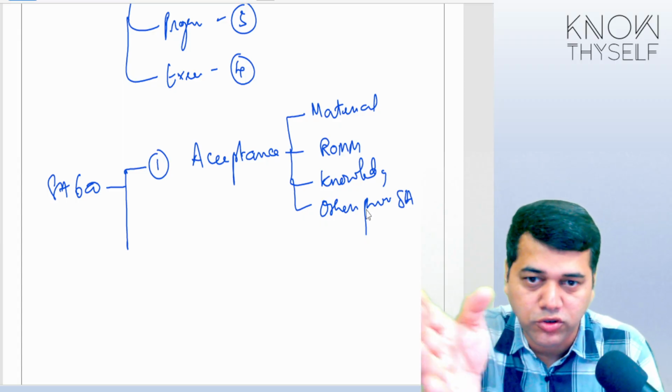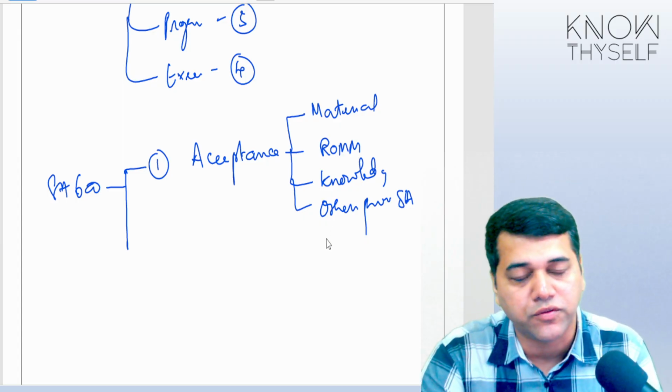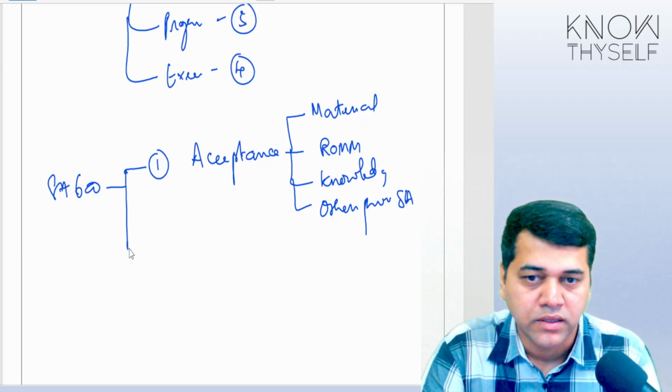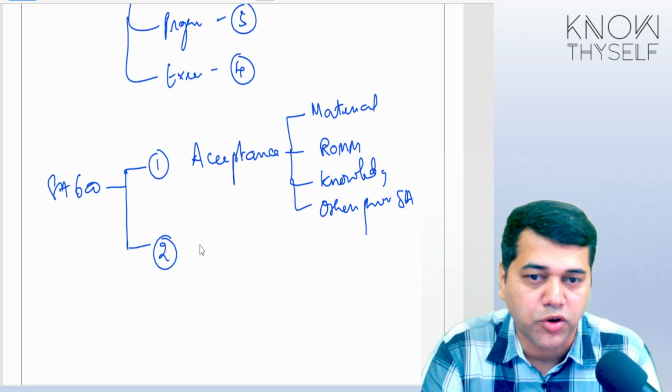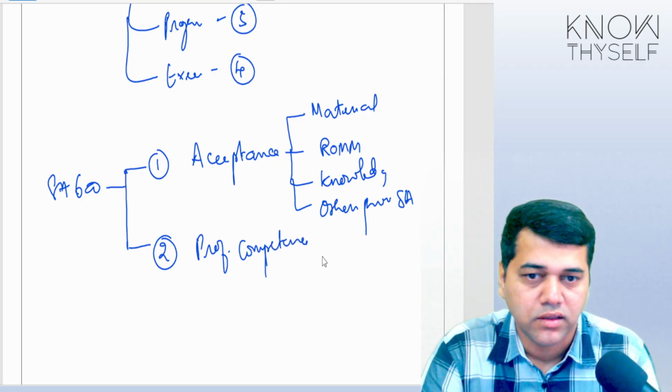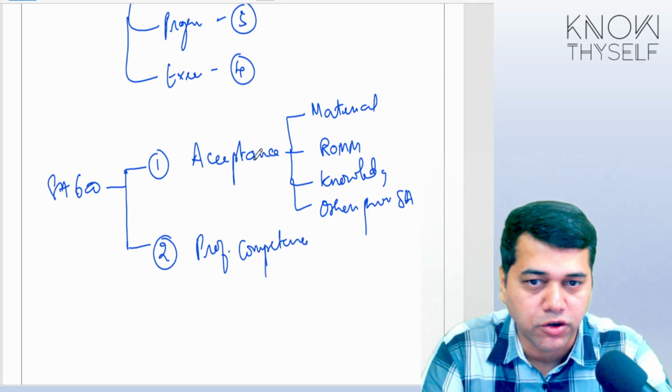That means SA is going to tell you a certain set of procedures. Are you able to perform them? Depending upon that, you can accept as a principal auditor. Second, you need to consider the professional competence. If it's a member of ICAI, you need not do it.